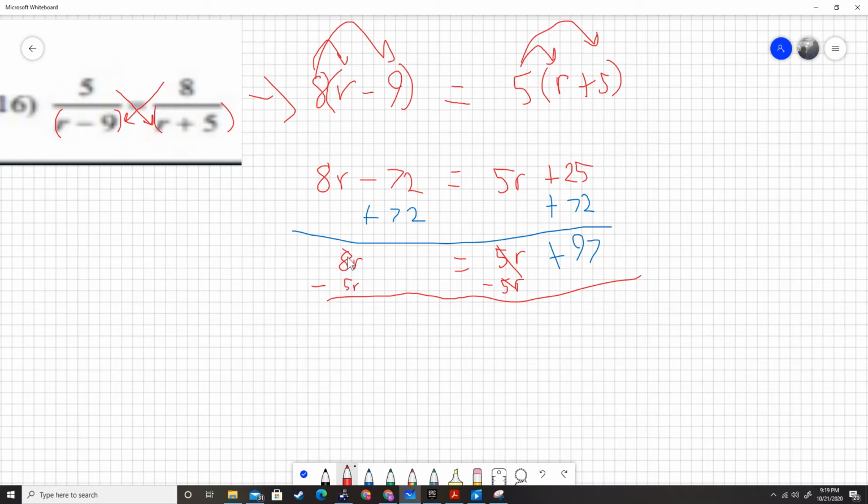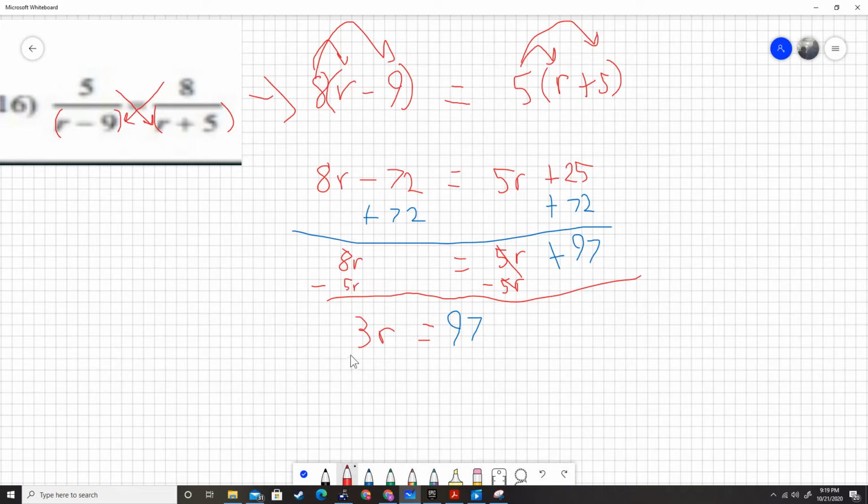On the other side now, 8r minus 5r is going to give me 3r. So 3r over here is equal to 97 over here. Let's make that 9 a little bit better. 97. Okay, I've got my variables to one side, my constants to the other side.